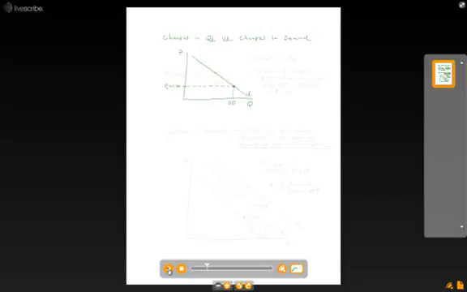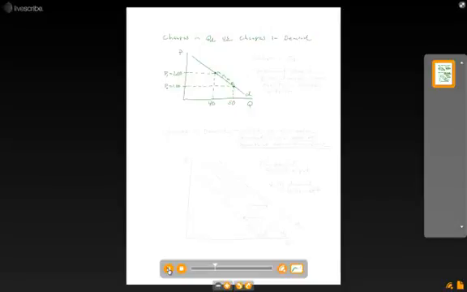So ceteris paribus, if the price of this good increases, let's say up to $2, then all else constant, this person isn't going to be able to afford as much of this good as they were before, and so the quantity demanded decreases. And therefore the quantity demanded may go down to, let's say, 40 units of the good.